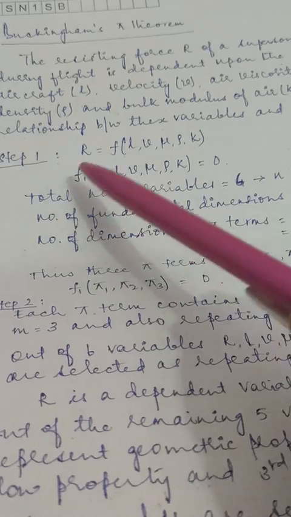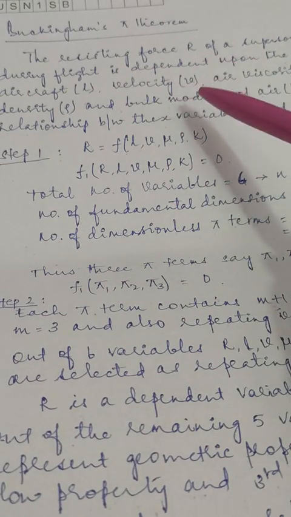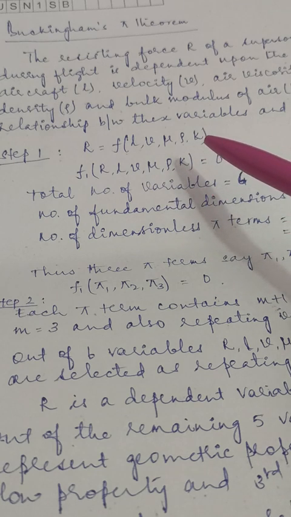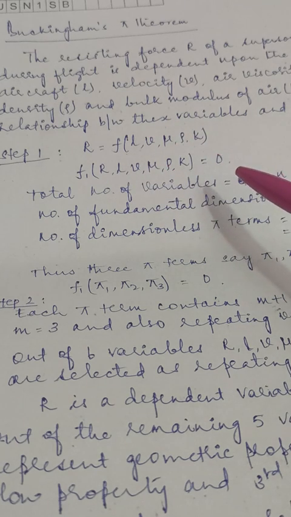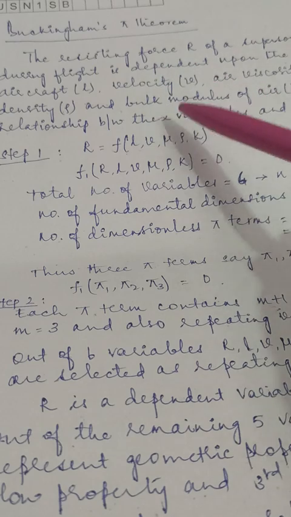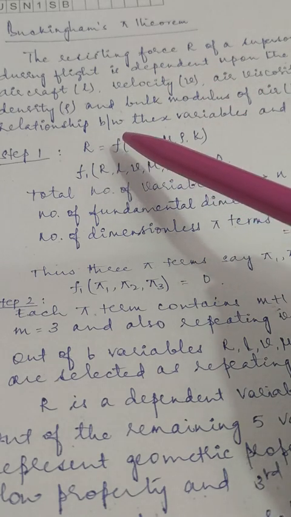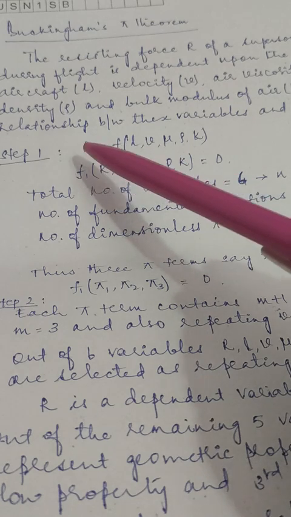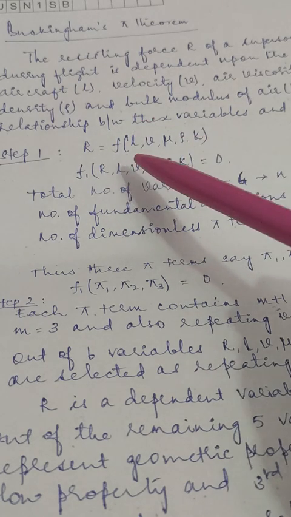Now step 1. We need to show which is the dependent variable and which are independent variables. In this problem, the resisting force of the plane, capital R, is the dependent variable.